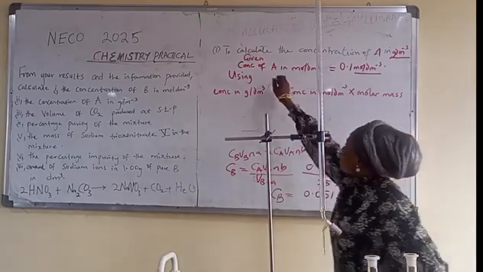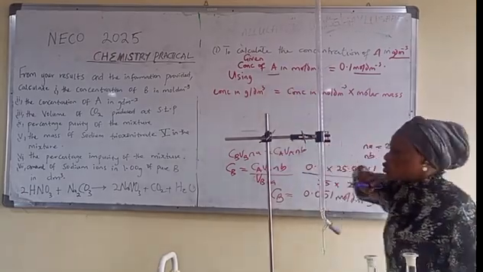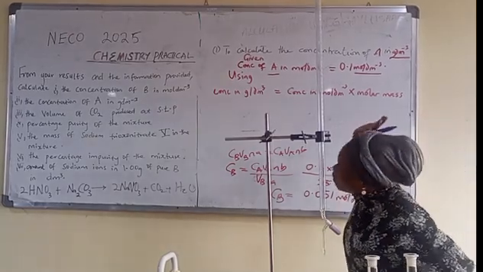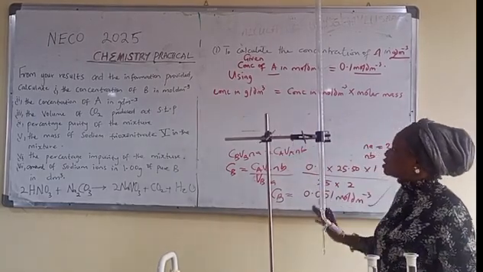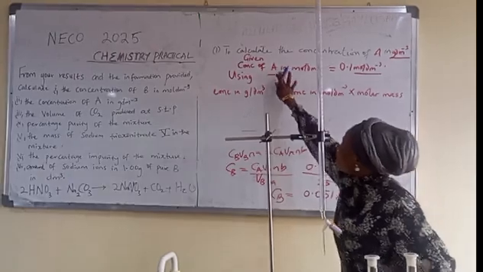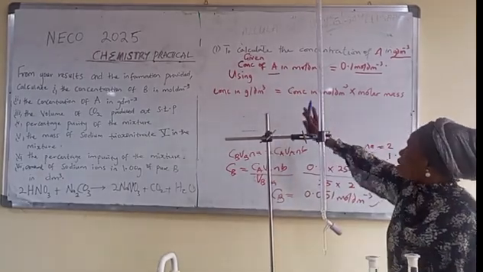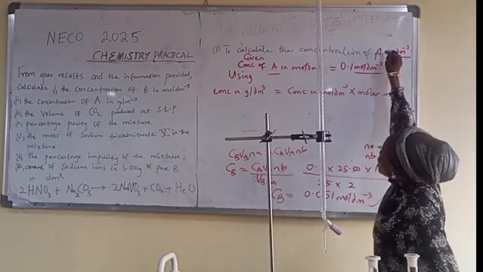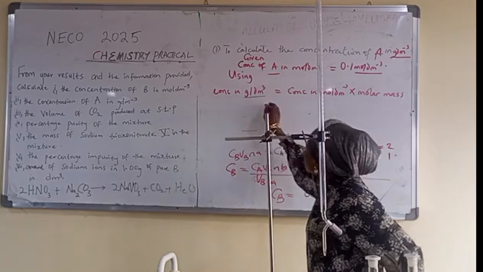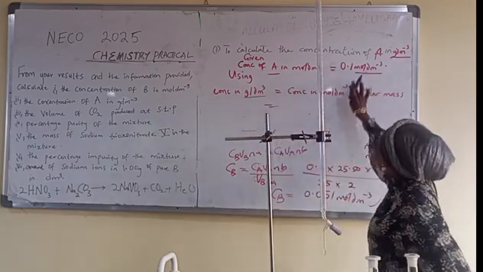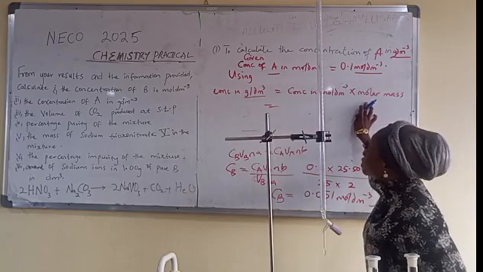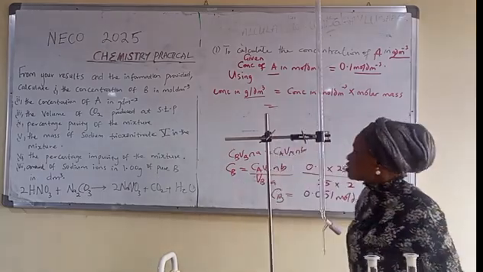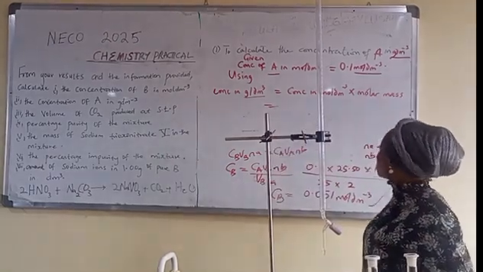It's A that they ask us to do, so you don't put any value that concerns B. Everything that has to do with A is what you slot in. You concentrate on the concentration of A in gram per dm cube. This is the one in mole per dm cube. Then calculate the molar mass of A. The A given is HNO3, trioxonitrate(V) acid, so you have to calculate its molar mass.